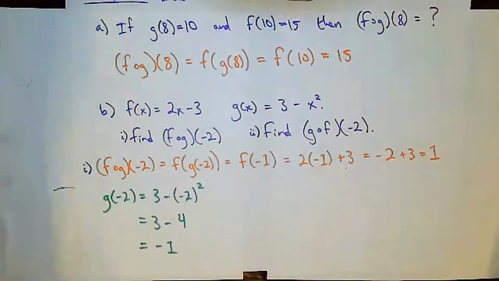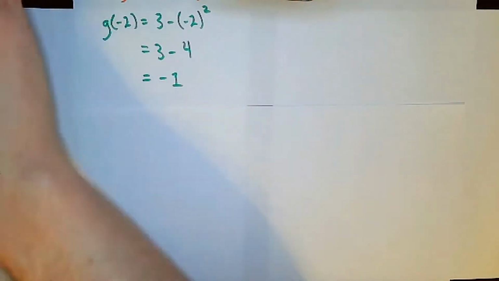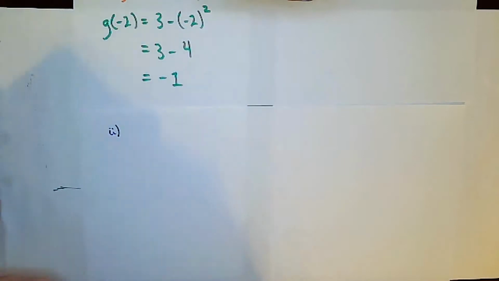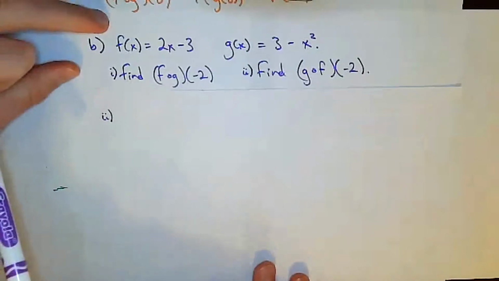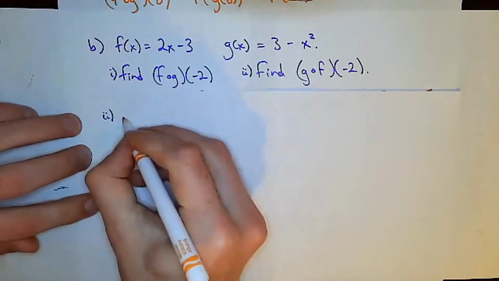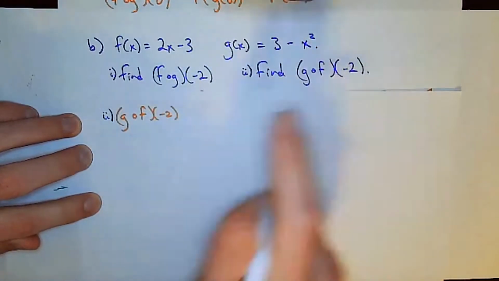All right, now let me do part 2 here. Okay, so g composed with f at -2 is what we're finding here.